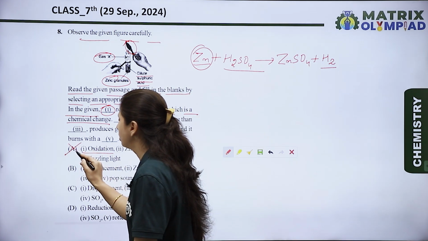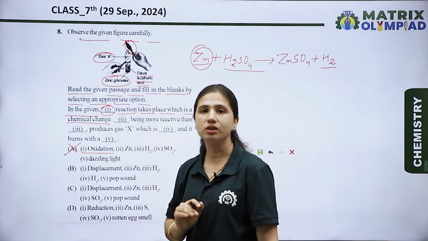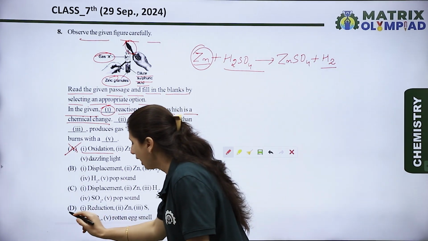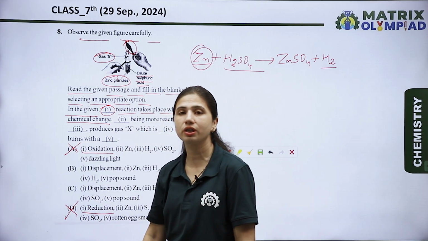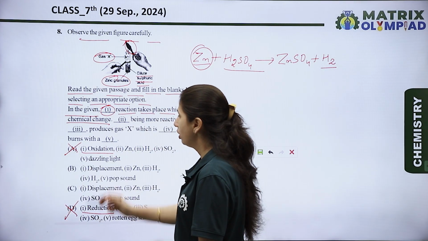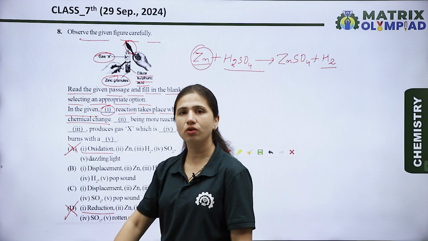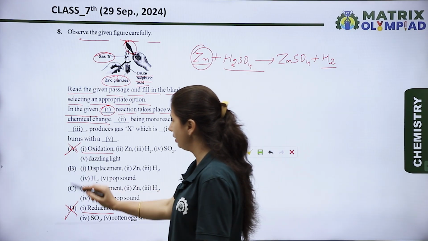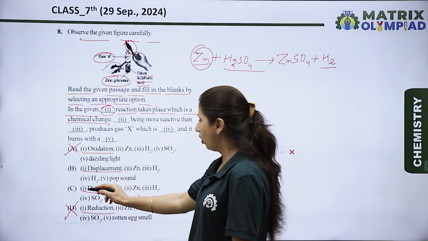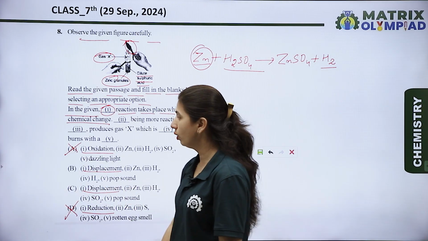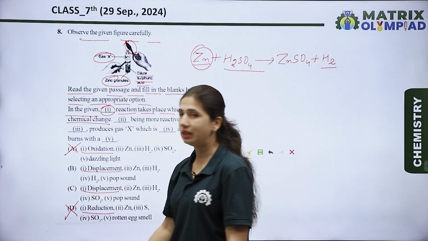No, it is not an oxidation reaction, it is a displacement reaction. And in option D, it is a reduction reaction. No, it is not a reduction reaction, it is a displacement reaction. So options A and D are wrong. Now let's see option B. Option B is displacement reaction, and option C is also a displacement reaction. So it might be that option B or C is the right option.